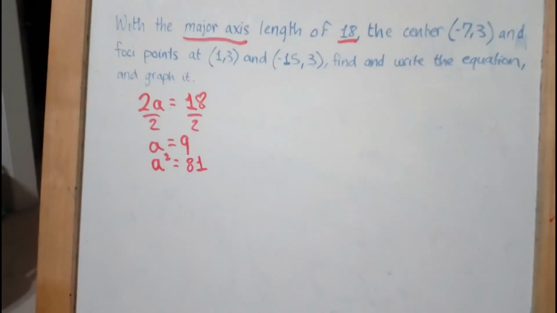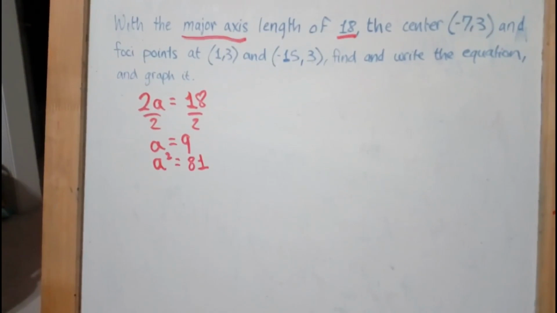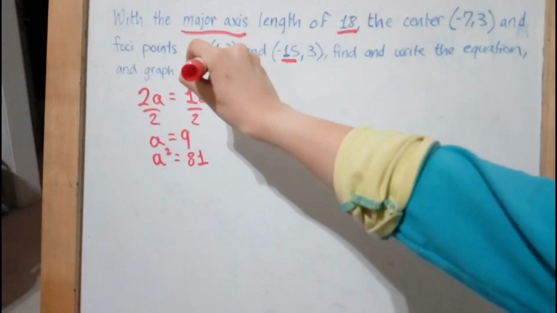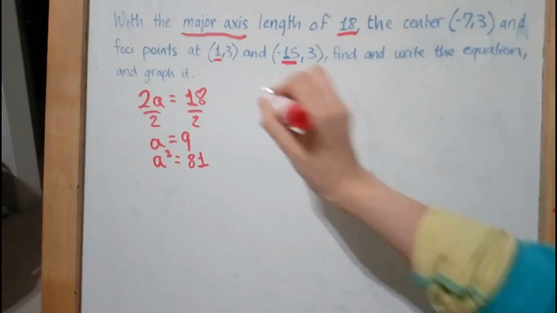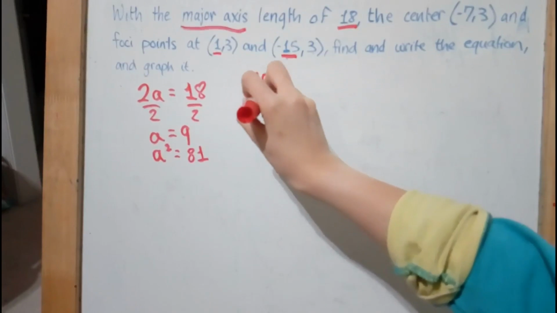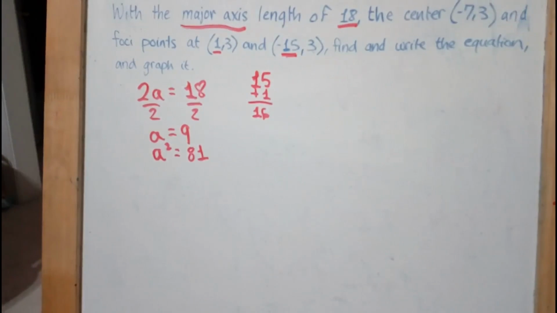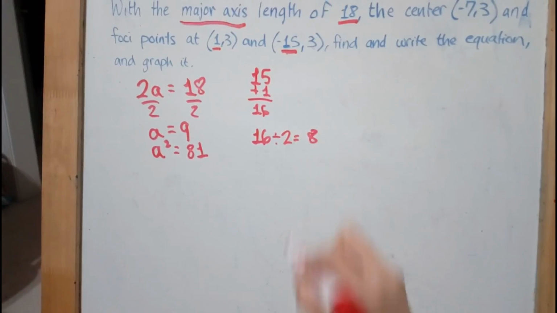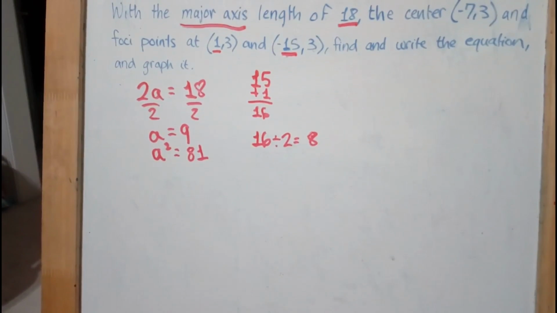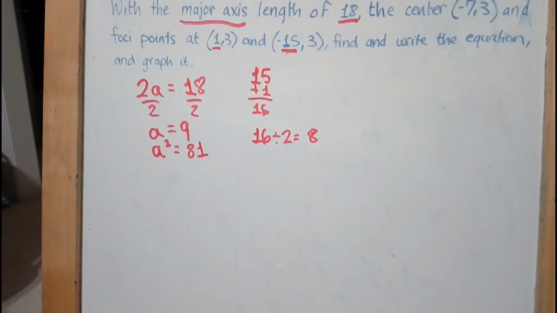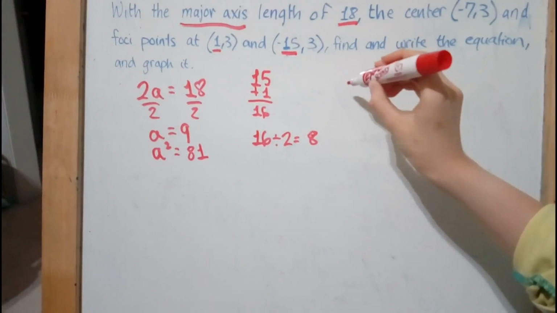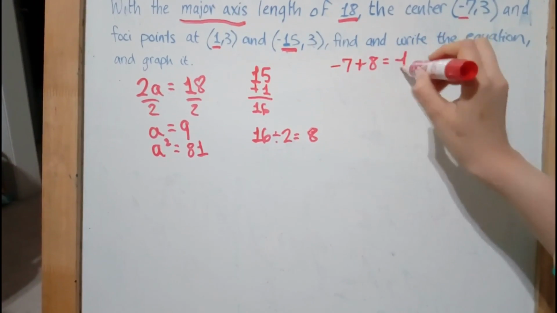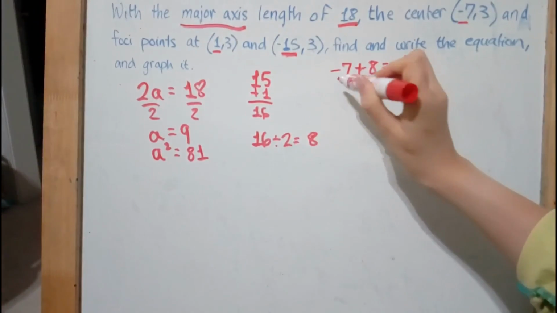Then we can find the foci points distance by adding 15 and 1 together to get 16, and dividing it by 2 to get 8. And to see if this is truly our c, then we can add and subtract 8 from negative 7, which is the center point, which we will get 1 and negative 15.